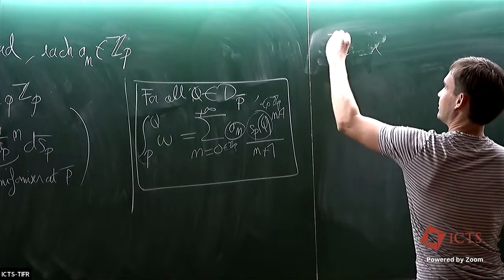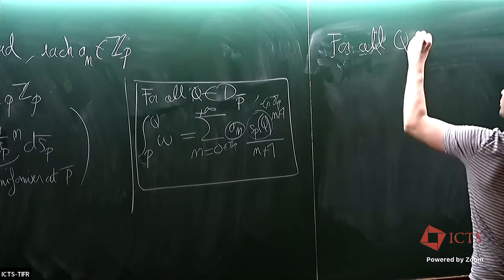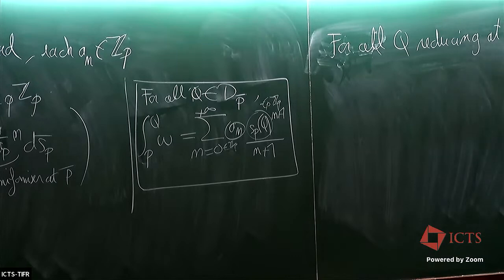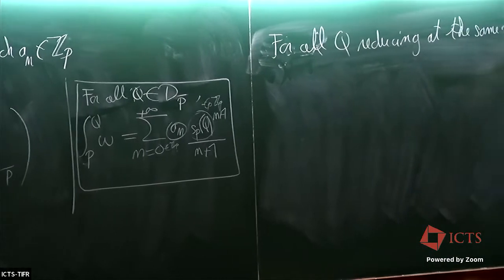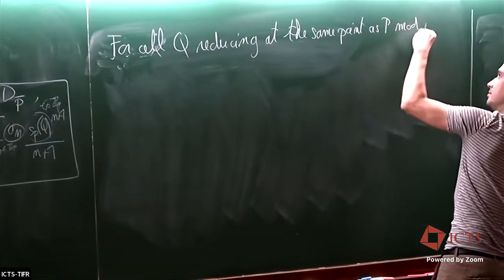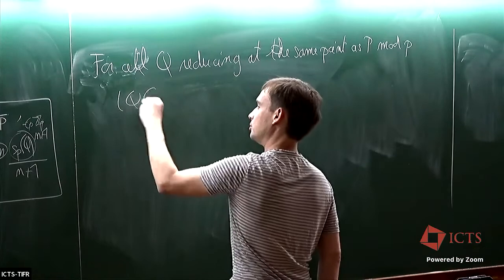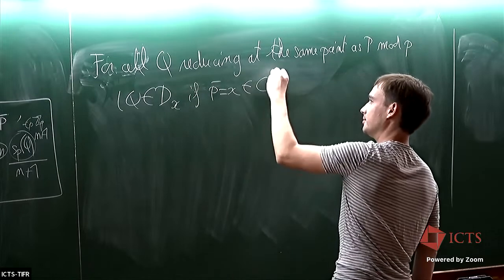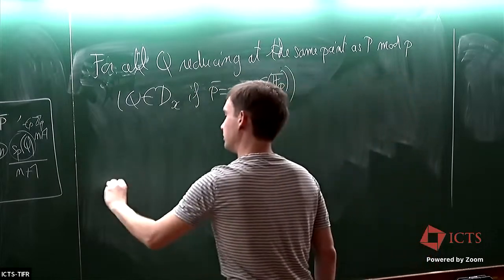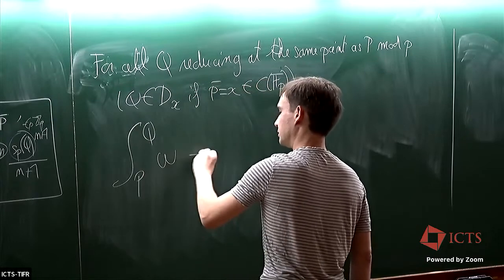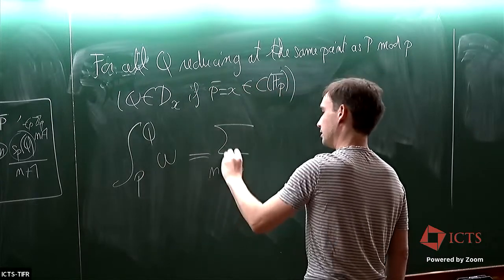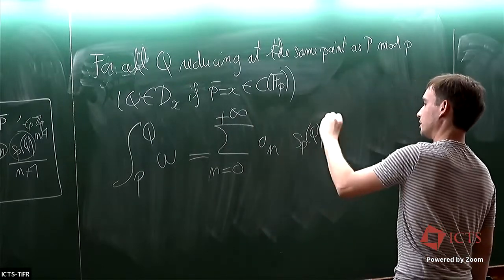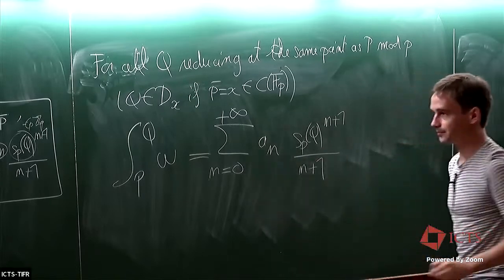So for all Q reducing at the same point as P mod P, in other words Q is in the residue disk D_x if P bar is equal to X in the curve over FP, the integral there is equal to this sum of an SP(Q)^(n+1) divided by n+1 here.